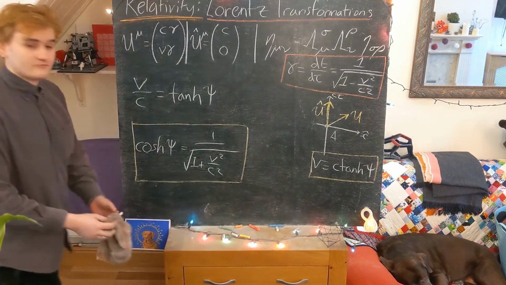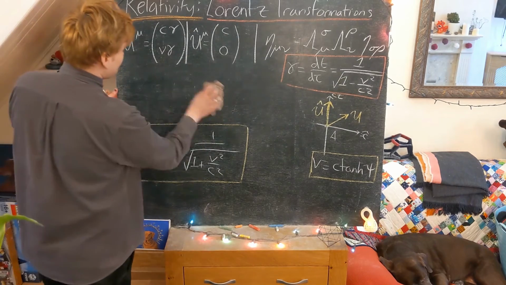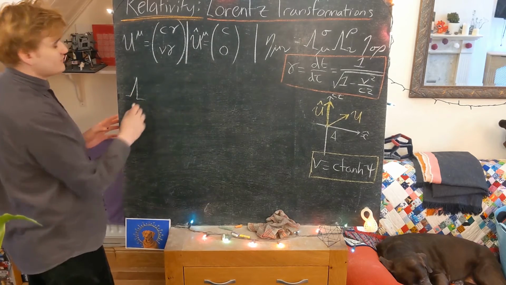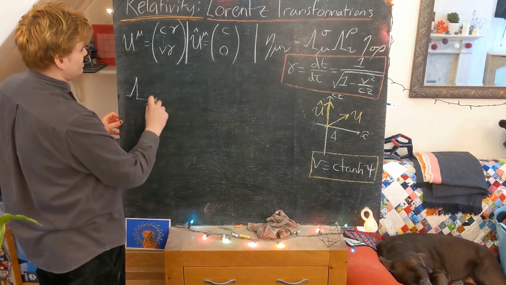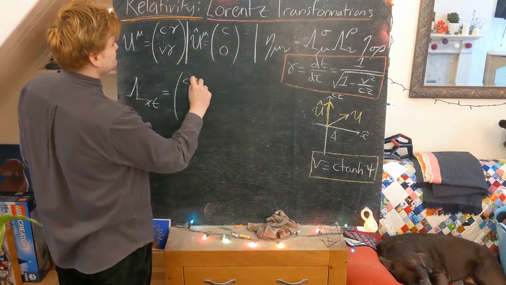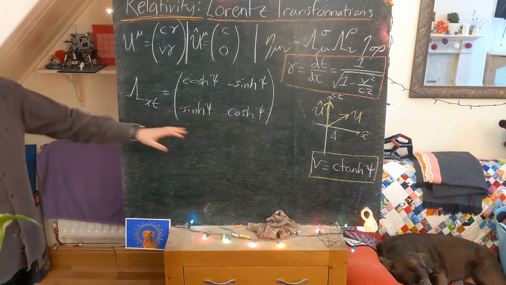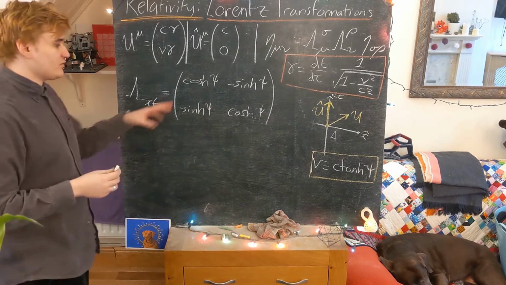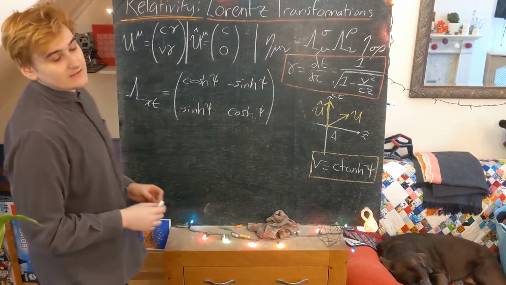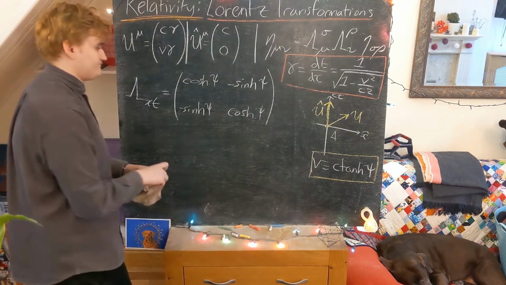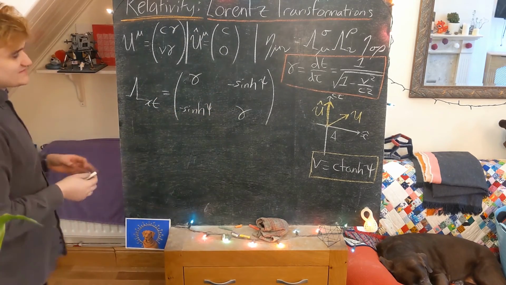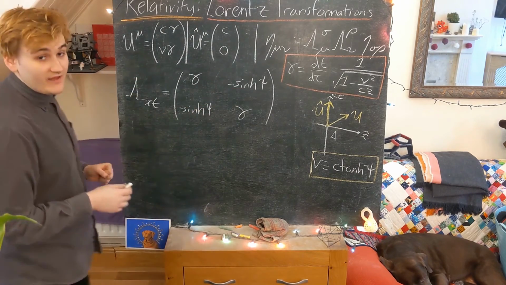So now we can rewrite our Lorentz transformation slightly. If you remember, we wrote that the Lorentz boost between the x and t coordinates was the following matrix, but we've now identified that cosh of psi is simply this Lorentz factor, and now we can use some more identities to rewrite this sinh psi.